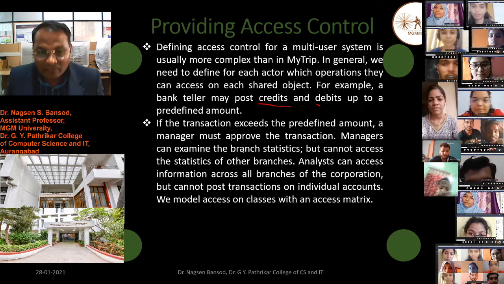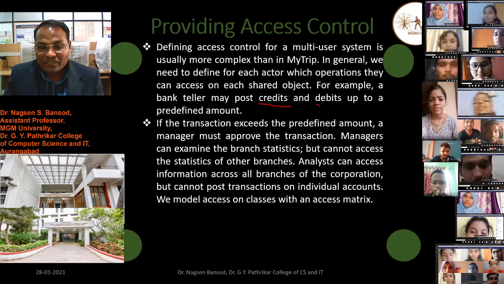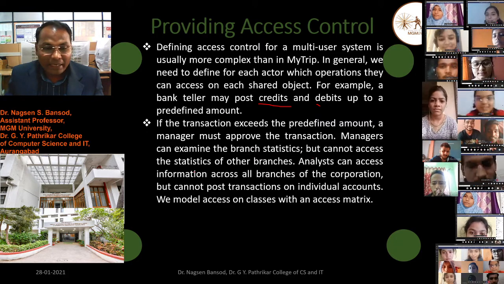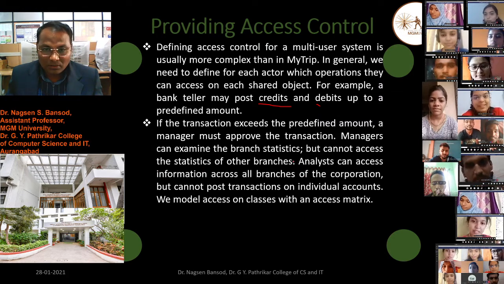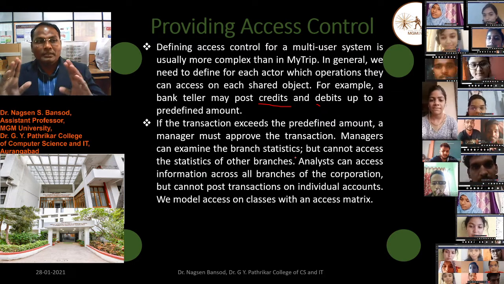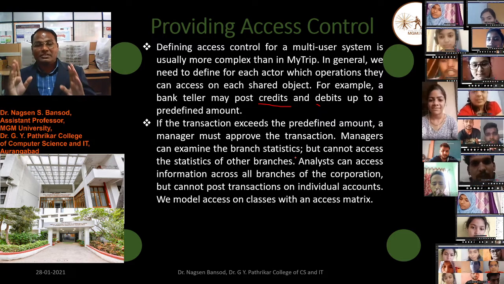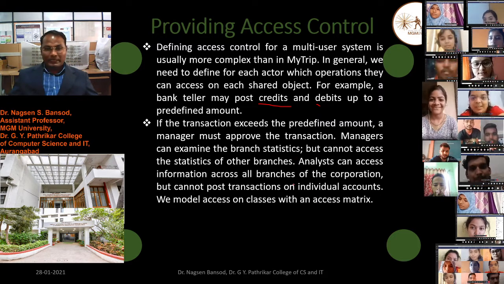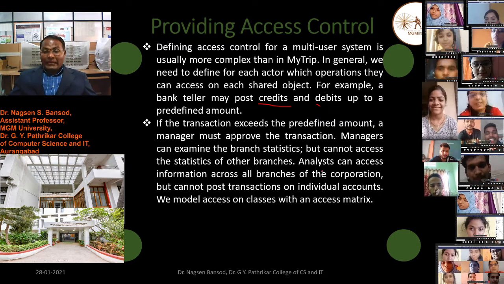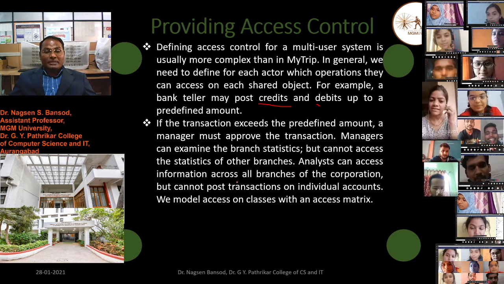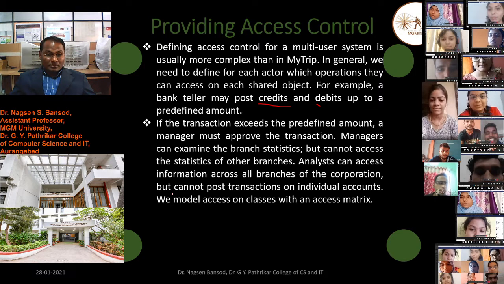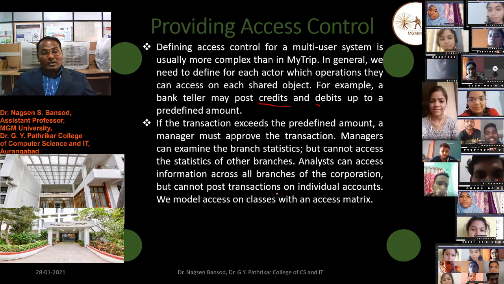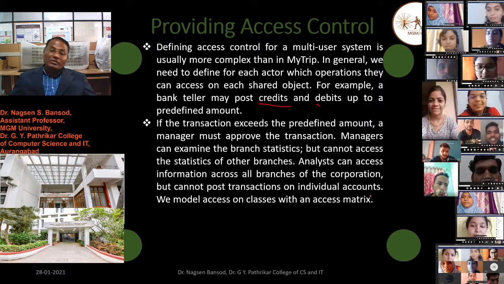A manager can examine the branch statistics but cannot access the statistics of the other branches. The manager has only their own branch statistics, not others. And an analyst can access information across all the branches of the corporation but cannot post transactions on individuals' accounts.